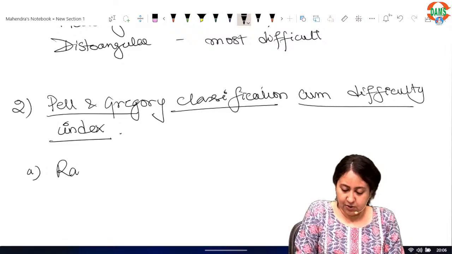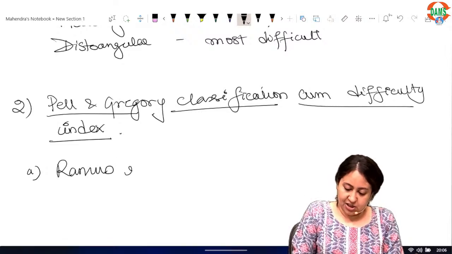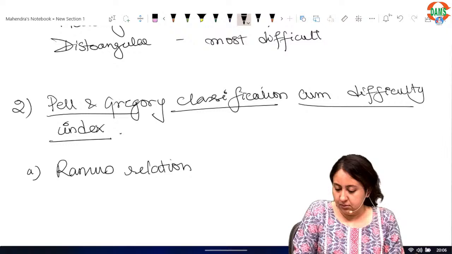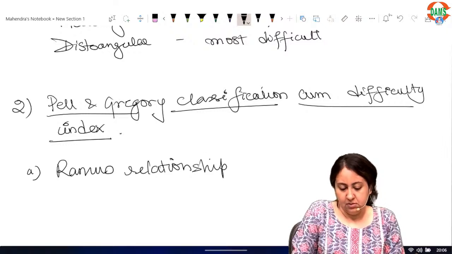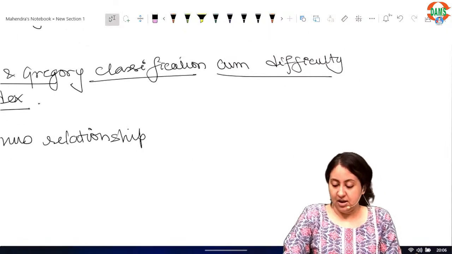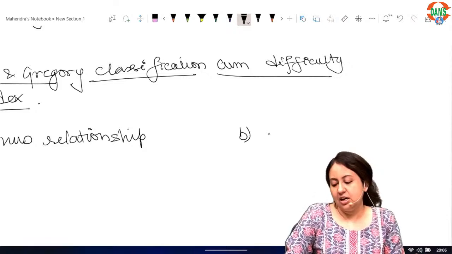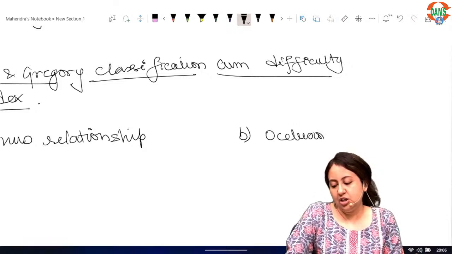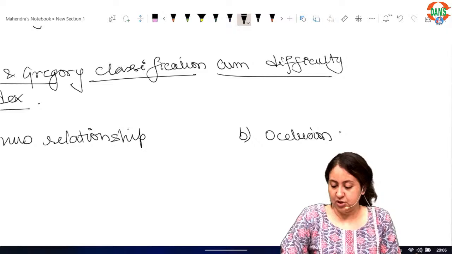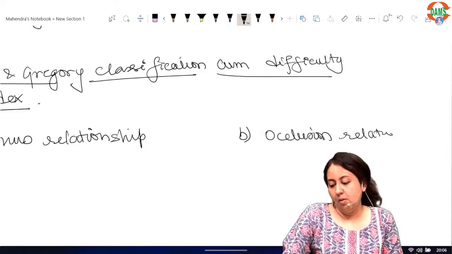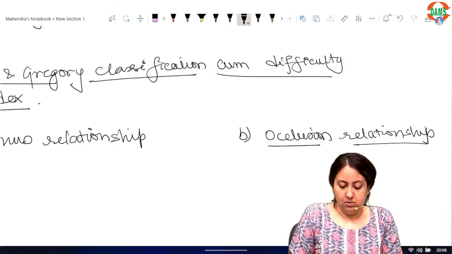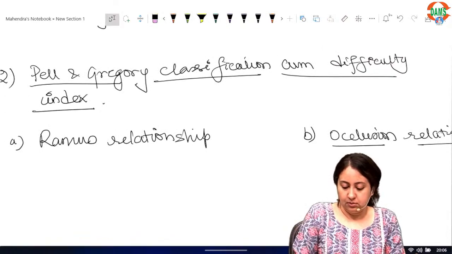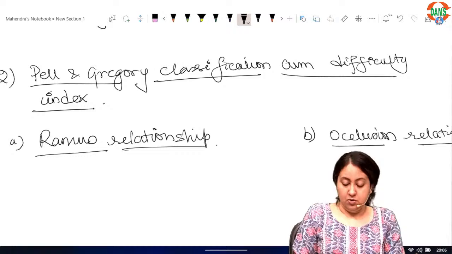First thing we studied was the Ramus relationship, which was class 1, class 2, class 3. And the second thing we studied was the occlusal relationship, that was position A, position B, and position C.